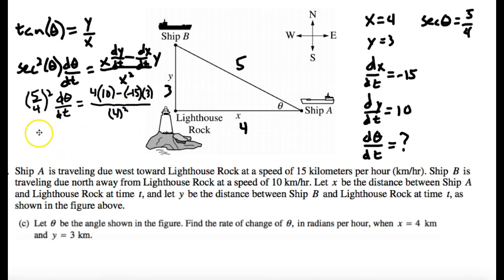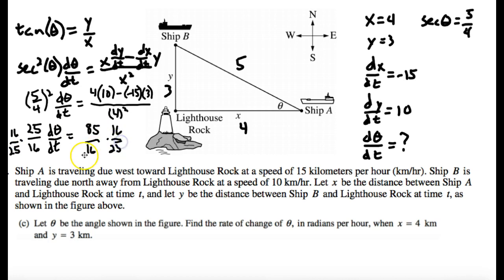So now we just have to do some arithmetic. So this would be 25 over 16 times d theta dt equals 40 minus a negative 45. So 40 plus 45 would be 85 over 16.